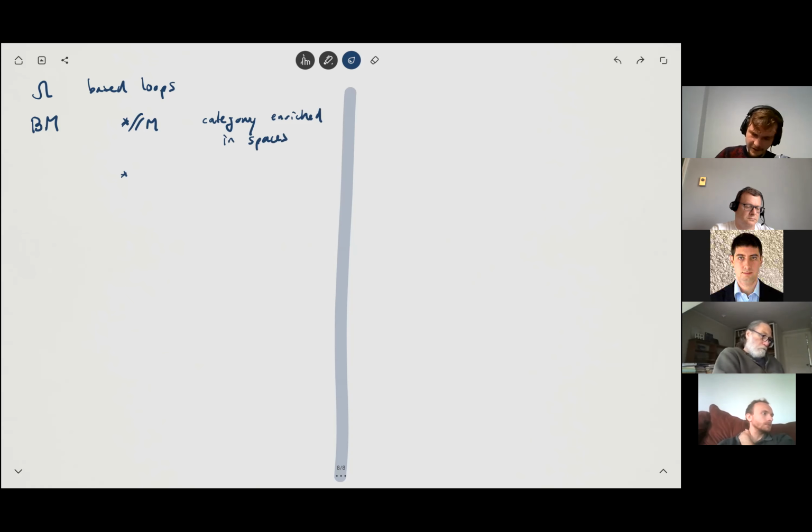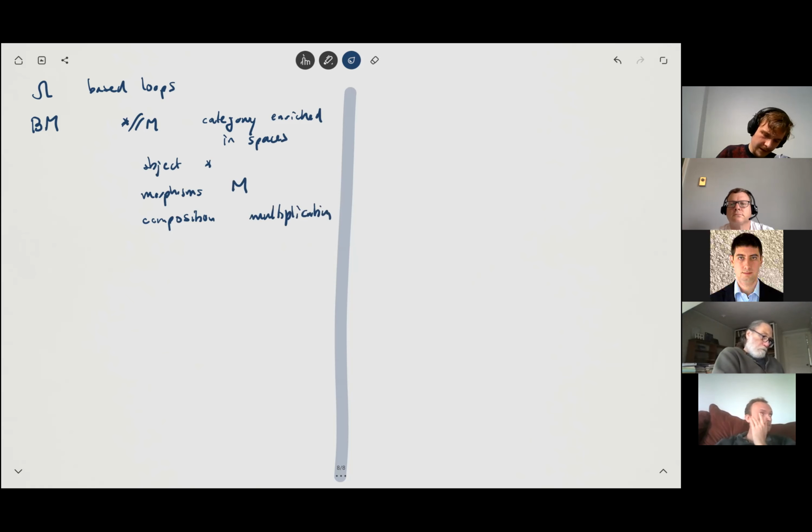There's going to be a single object, star. The morphism space is going to be given by M. The composition is going to be multiplication in this monoid. And the identity is going to be the unit of the monoid.